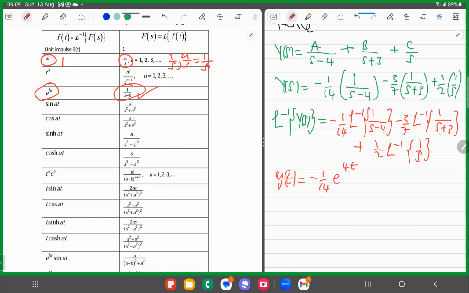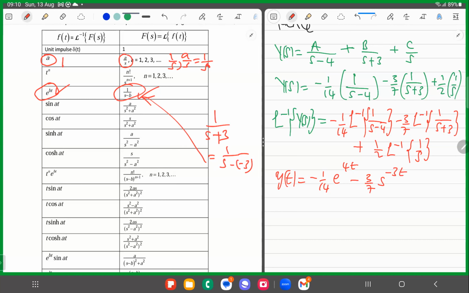Now there is s plus 3. If it's 1 over s plus 3, you can write it as 1 over s minus minus 3, so the b is going to be negative. So it's going to be minus 3 over 7 e to the minus 3t.